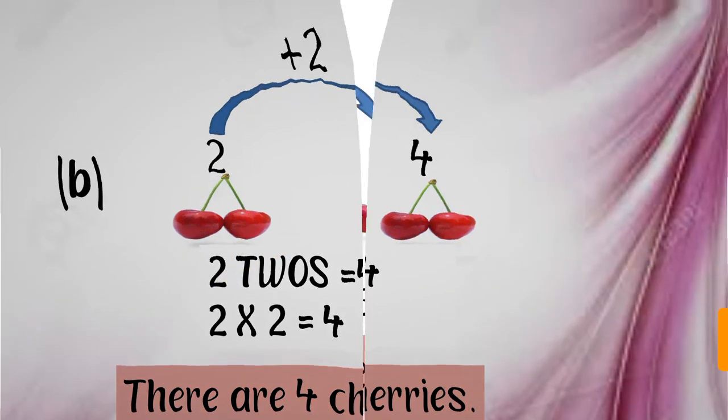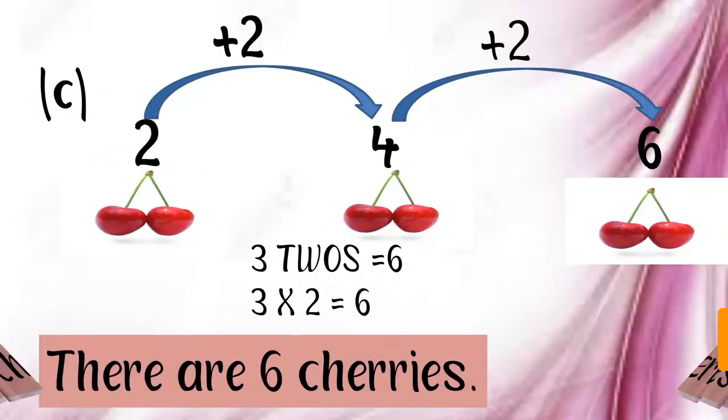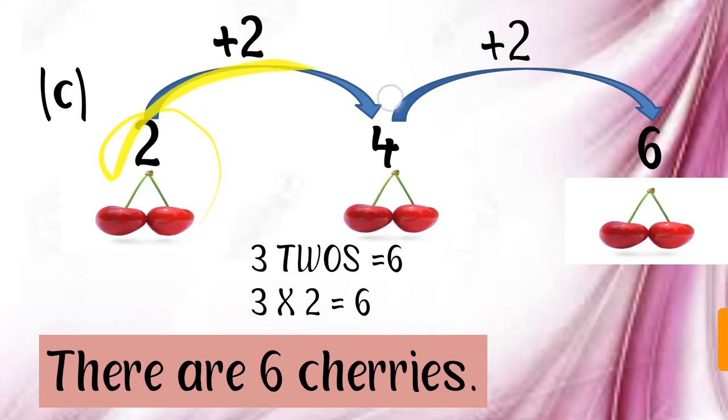Now we have to count a few more. 2, then 2, then 2. Let's see. 2 plus 2, 4. 4 plus 2, 6.